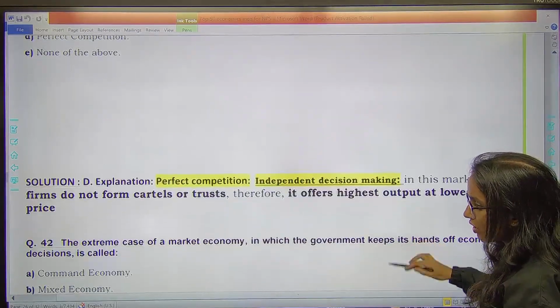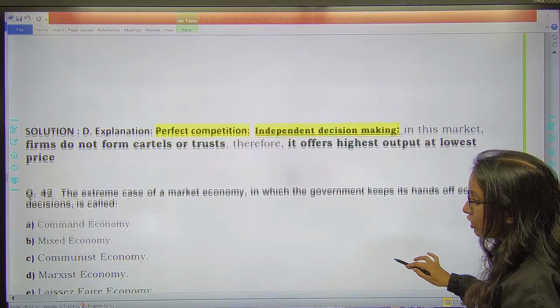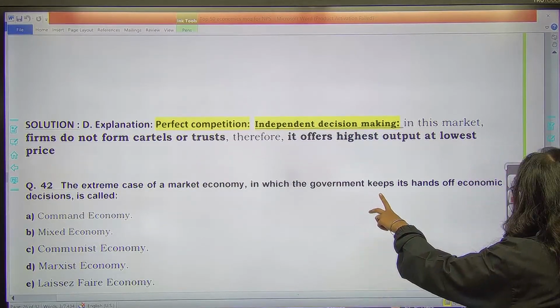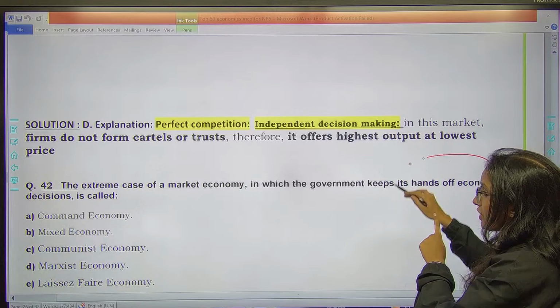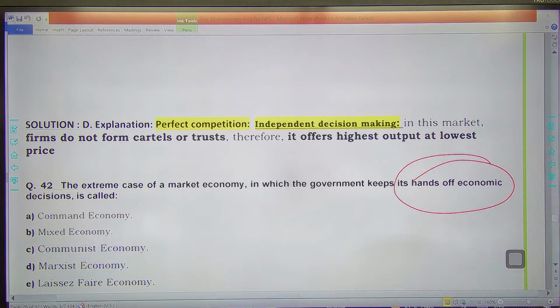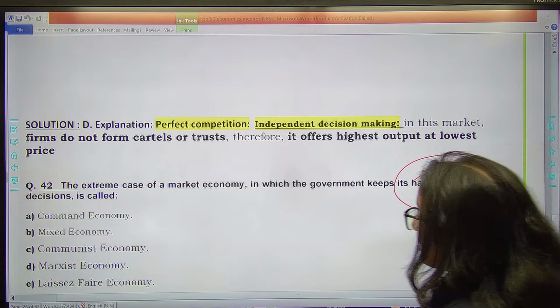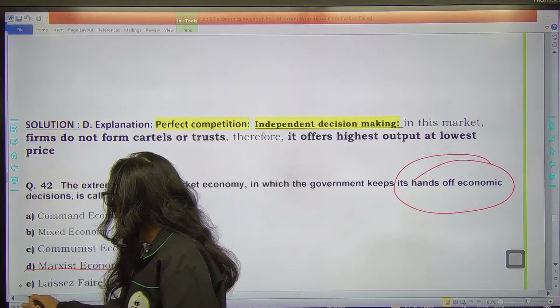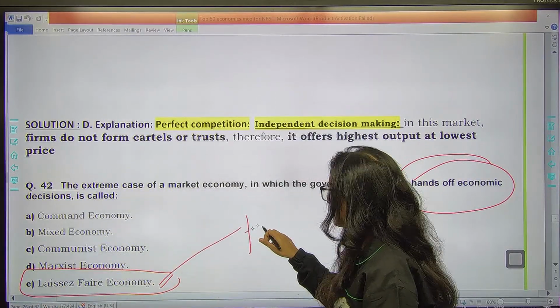Question number 42. Extreme case of a market economy in which the government keeps its hands off economic decisions is called what? Where government leaves everything to the market forces. It is laissez-faire economy, or free market economy.